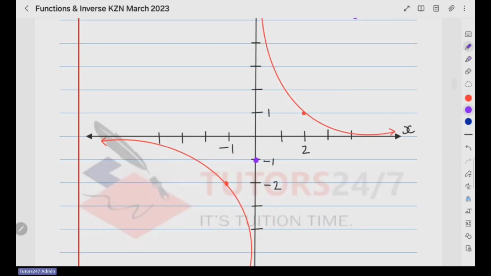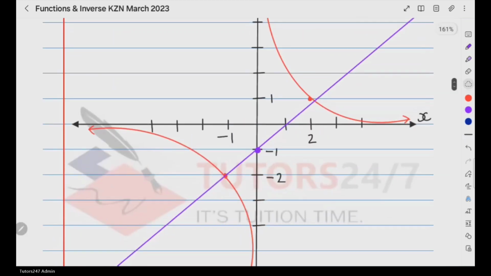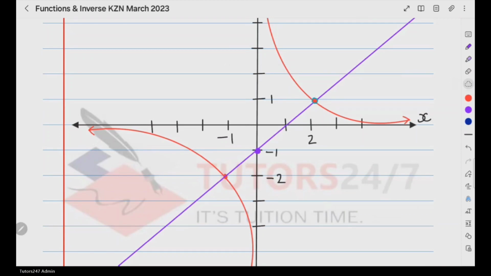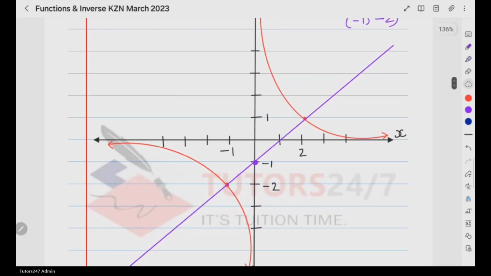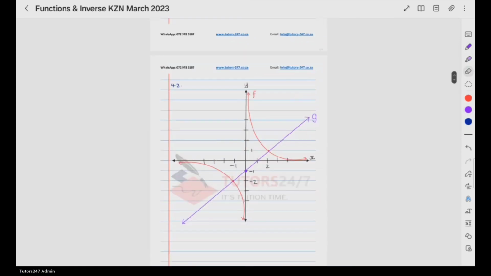From here, all we are now going to do is make a straight line that passes through the 3 points. So that is our function g. We can put our arrows at the end to show that it continues, and we can label it as g. Now we can get rid of this information.